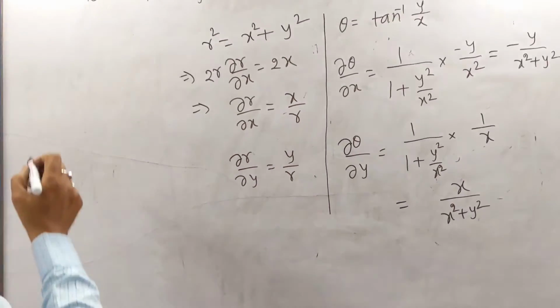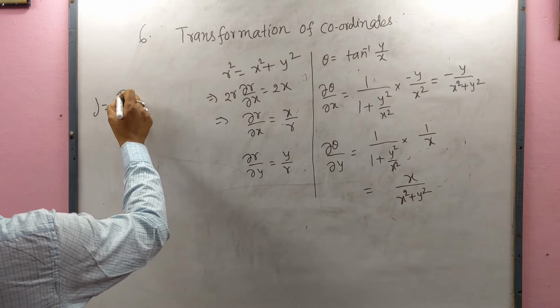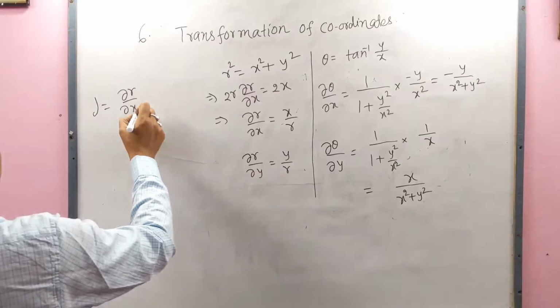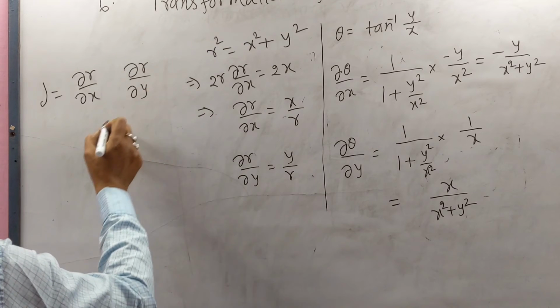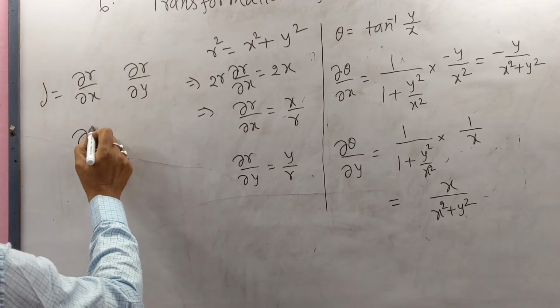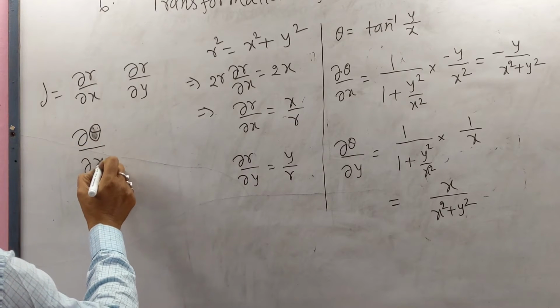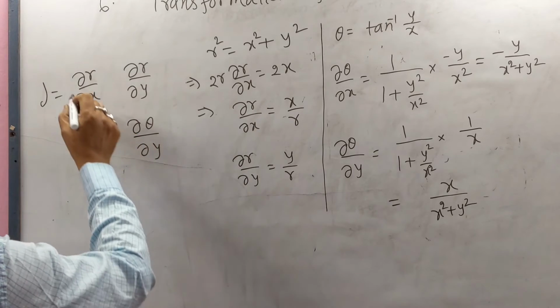Between two systems of coordinates, Jacobian J equal to del r by del x, del r by del y, del theta by del x, del theta by del y.